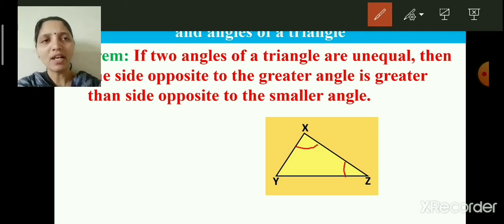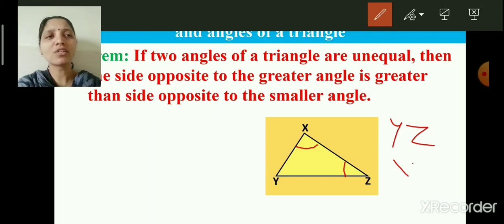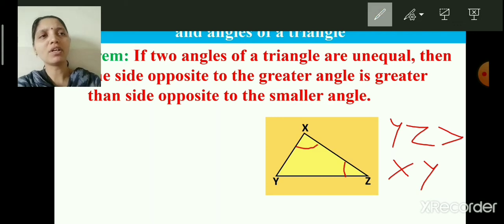The side opposite to this angle is YZ, and the side opposite to angle Z is XY. So what is the relation between these two? If angle X is greater than angle Z, then we can say that side YZ will be greater than side XY. So let's write down here.